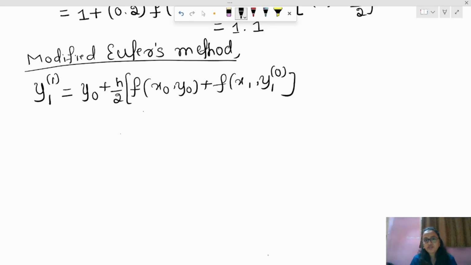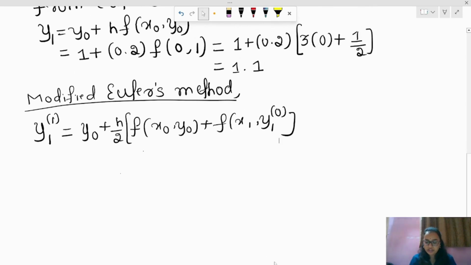Zero approximation means the value we just took for y1 by using Euler's method. That itself we will be using as the 0 approximation. I am specifying here, this is my y1 at 0th approximation.